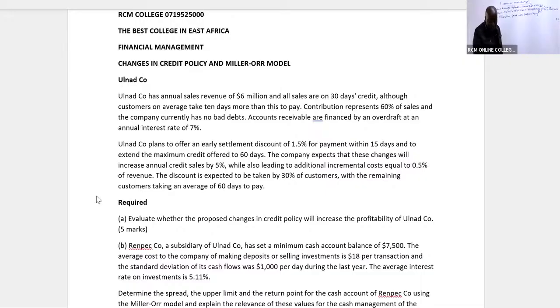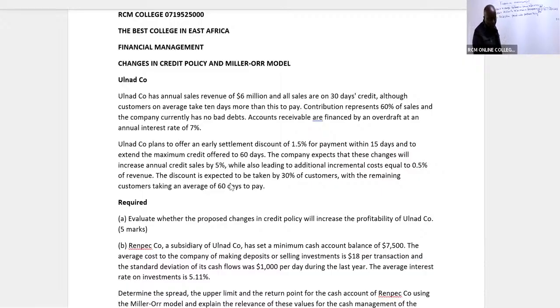You can see down here, ULNAD company plans to offer an early settlement discount of 1.5% for payment within 15 days, and to extend the maximum credit offered to 60 days. The company expects that these changes will increase annual credit sales by 5%, while also leading to additional incremental costs equal to 0.5% of revenue.